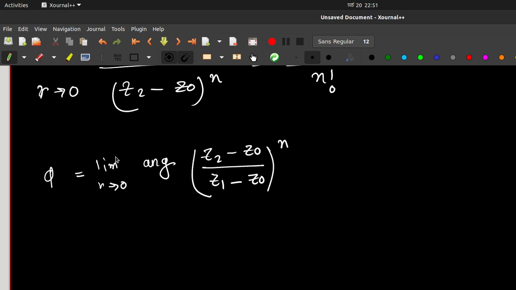But what was this thing? This was nothing but theta itself. That means the argument itself was theta, and all the arguments of this were written in terms of the exponentials. So this would simply give us phi is equal to n times theta.